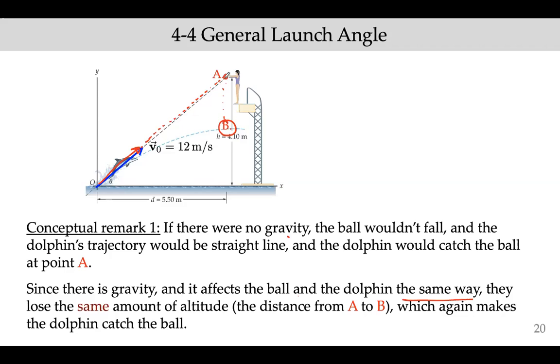The ball would stay here with zero gravity, and because of gravity, it loses some altitude, which is exactly this much. So they lose the same amount of altitude, the distance from A to B, which again makes the dolphin catch the ball. So it's interesting, as long as the dolphin, I'll say it in the next slide.